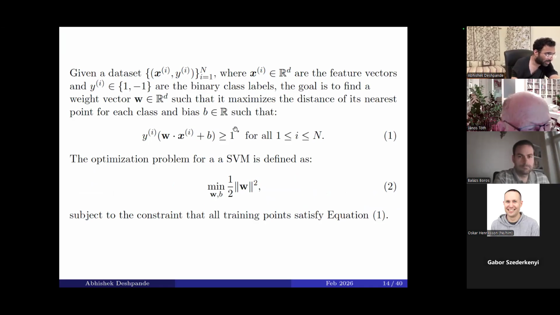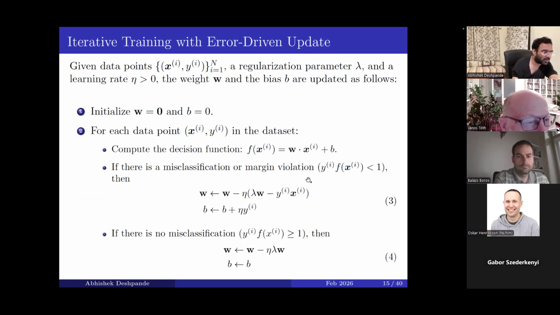Computing this quantity and comparing it with 1 is what I call the feed-forward module, right? So this equation 1 that you see, which is this constraint, is what I call the feed-forward module. And these update equations are what I call the backward module, the backpropagation module, right? So we are going to design reaction networks that implement both the feed-forward module and this backpropagation module.